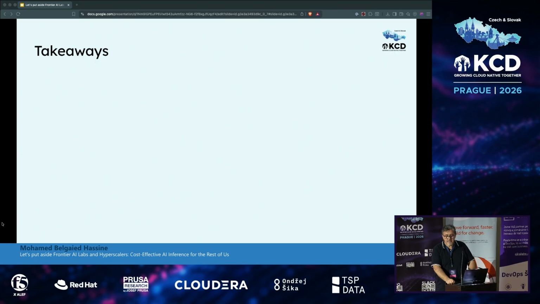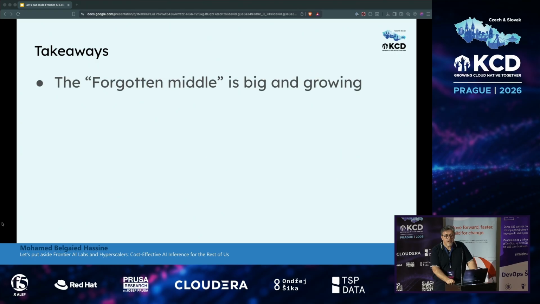So if I need you today to have some takeaways, I mentioned this, the rest of us, the forgotten middle: the enterprises that do not have the budget for GPU clusters, but do not want to tinker with stuff, but also want to do production grade. This is, in my opinion, the biggest part of our community, and it's growing very fast.